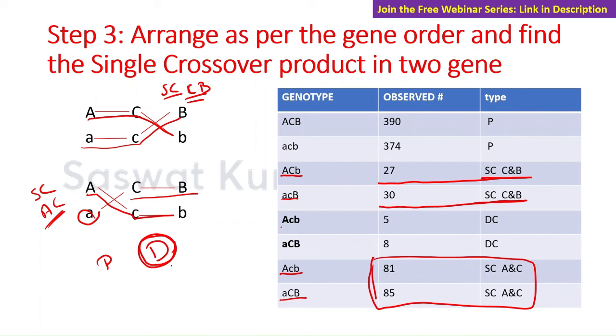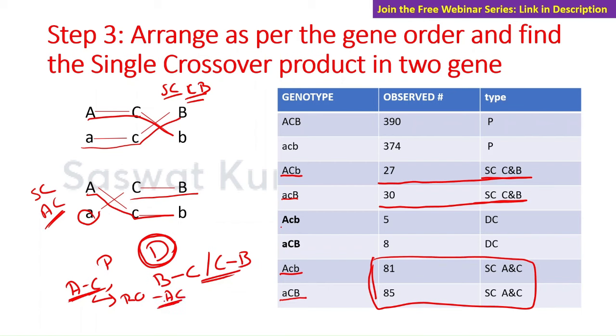Now we have to find the distance between A to C, then the distance between B to C, or you can say C to B. Here you are going to find the distance between A to C, which means the recombinant offspring produced between A to C.